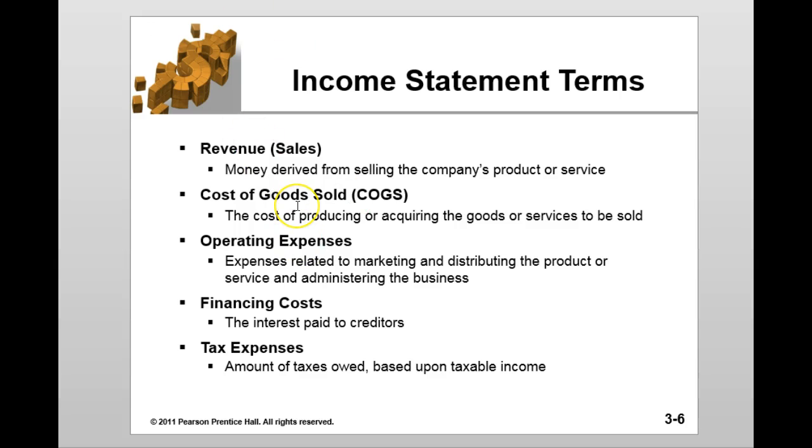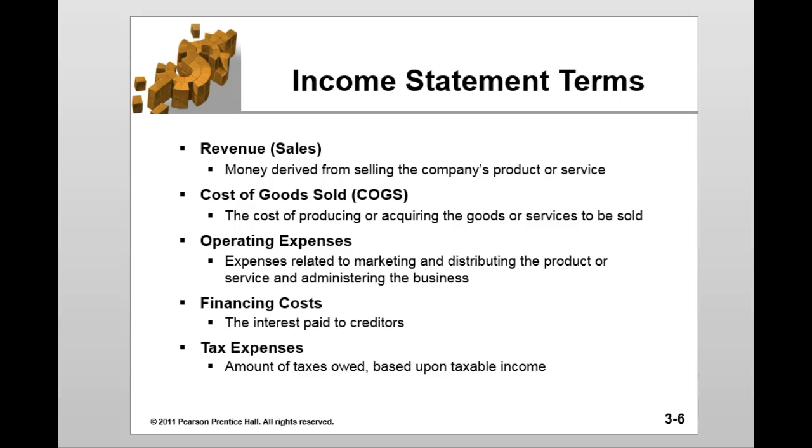And these are listed in the order that they appear on the income statement. So first you have the revenues, then you have your cost of goods sold, then you have operating expenses, then we look at the financing cost, okay, the interest that we pay to creditors, and finally we take out the tax expenses. And that will give us the bottom line.